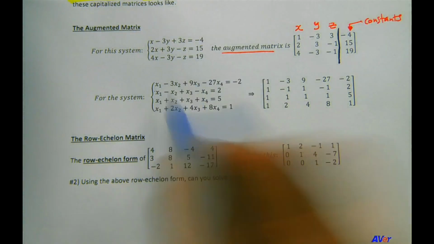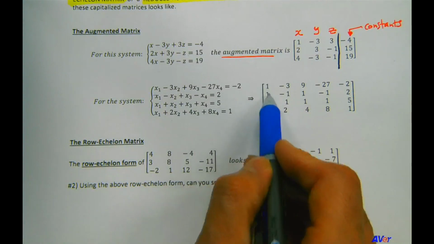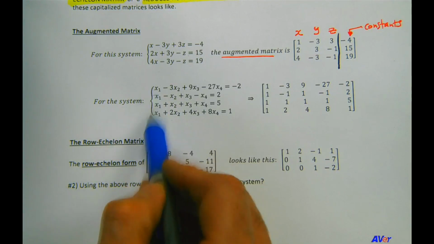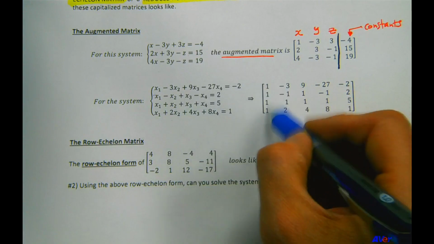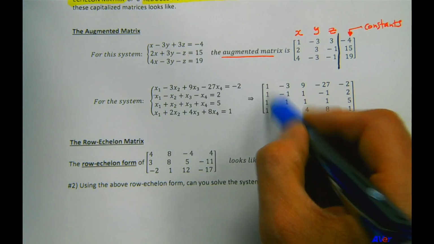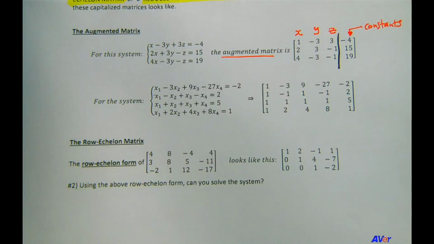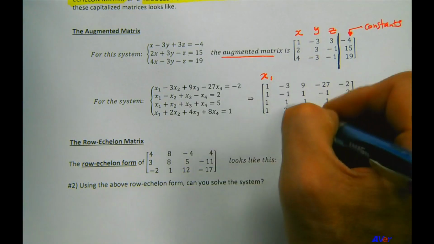So we have the first column, 1, 1, 1, 1, right? Look at the coefficients. They're all 1. So the coefficients of which variable do these ones represent? Which variable? x1, right? How about the second column?